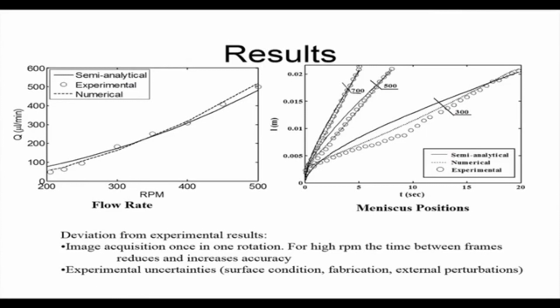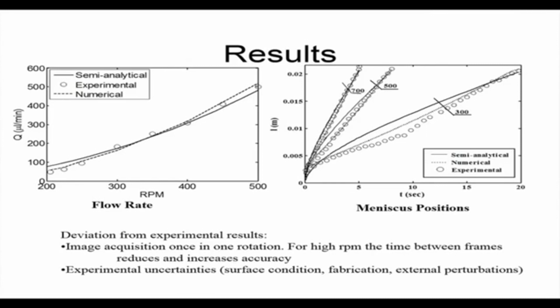You can see that there are deviations from experimental results if you consider the simulations, the semi analytical as well as the numerical. There is actually a very interesting thing. You are basically acquiring an image once in a rotation, right. So there is a time lag between acquiring two consecutive images.